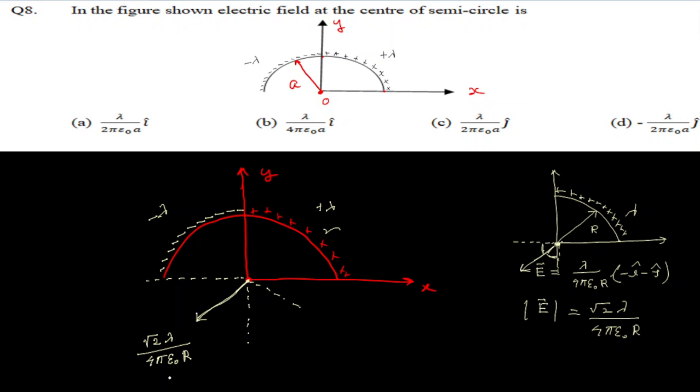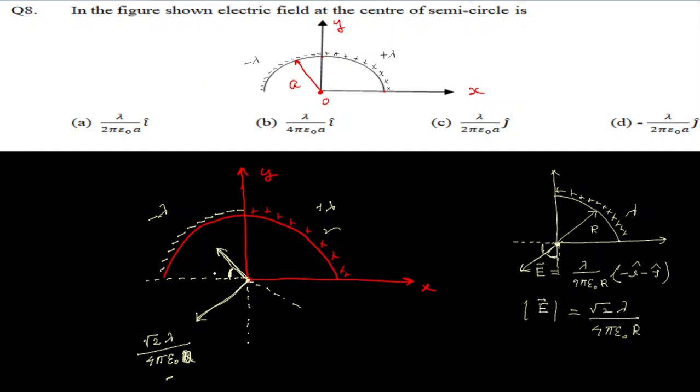So the magnitude will be the same, root 2 lambda divided by 4 pi epsilon r, but the direction will be along this direction. Again, it will make 45 degrees with the negative x-axis. In this case the radius of the circle is a, so you have to replace capital R by small a.